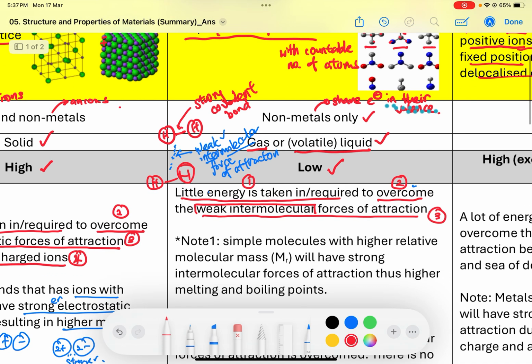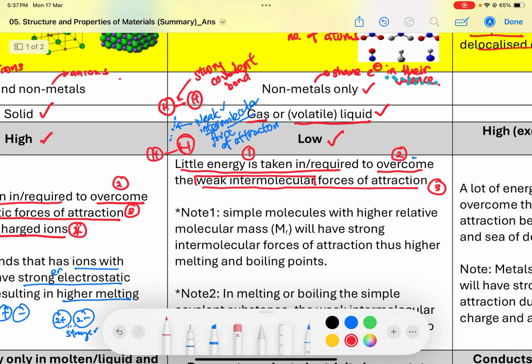Now, this is one thing to note, okay? Simple molecules, if they have higher relative molecular mass, will have stronger intermolecular force of attraction. Here I shouldn't use red, I should just use blue, similar to before. So take note, if you have higher Mr, they have stronger intermolecular force of attraction.